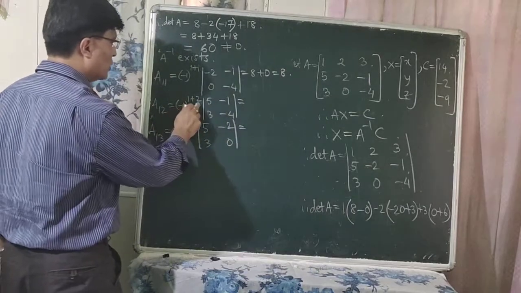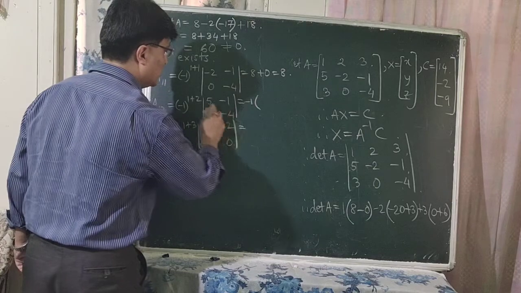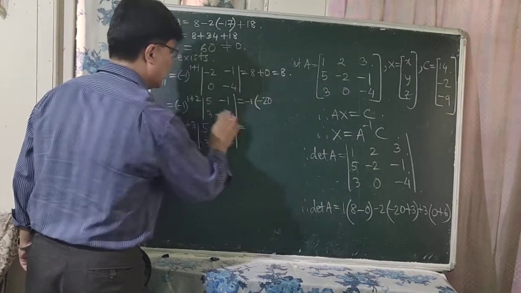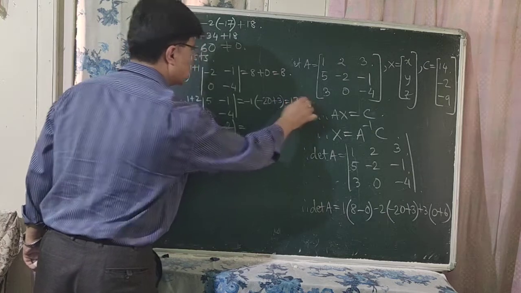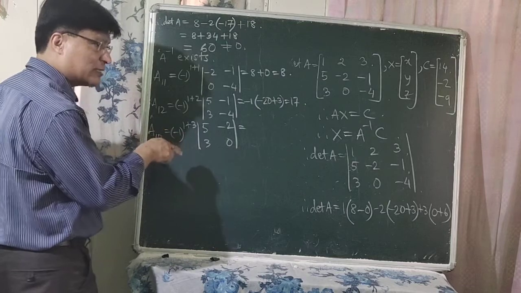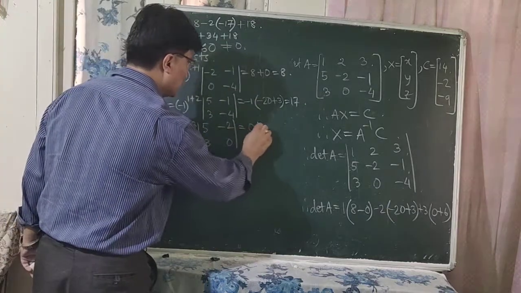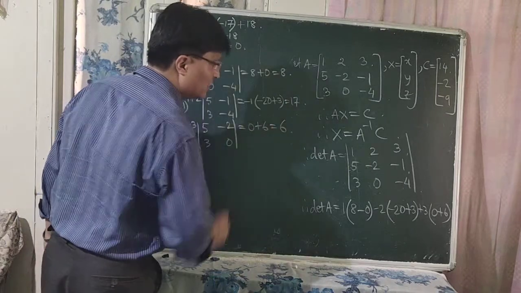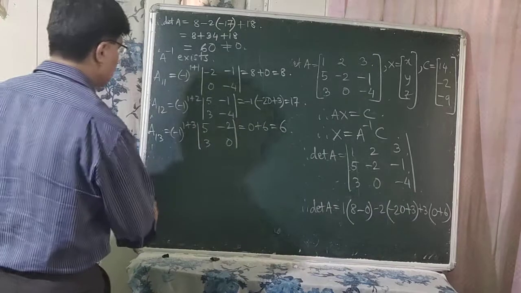So what is minus 1 whole cube? You have to consider the sign. Minus 1 whole cube is minus 1. Within the bracket, 5 zeros are 0, plus 6, which is equal to 6. Clear?